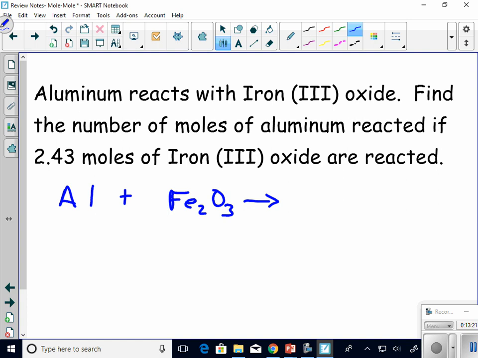Okay? But look at your activity series. Anybody got it out? Is aluminum going to replace iron? Absolutely. Aluminum's higher. So, what am I going to have formed? I'm going to have formed a new salt and a new metal. So my new salt is going to be aluminum oxide, and my new metal is going to be iron.